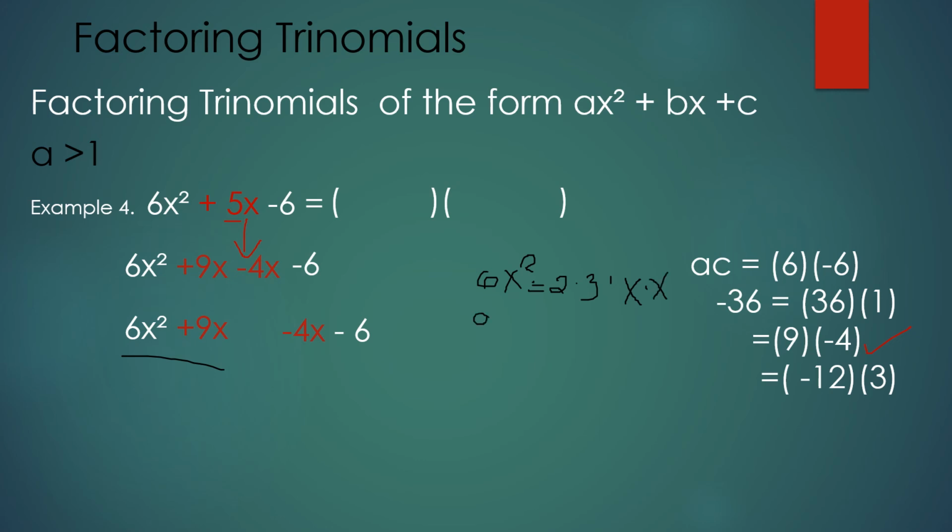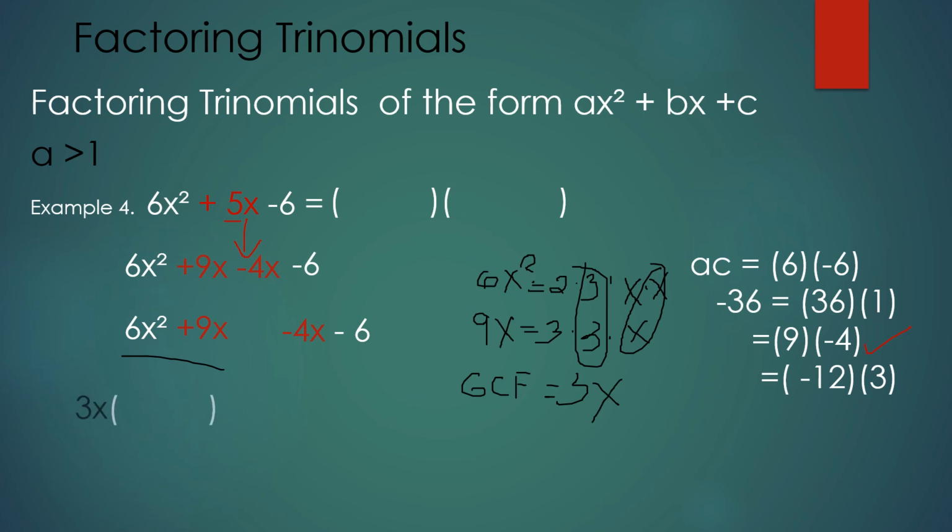Yung 9x naman ay 3 times 3, di ba? So, 3 times 3 times x. Ano ngayon ang common factors nila? 3 and x. So, GCF is equal to 3x. At yun din ang tinatawag na common monomial factor.